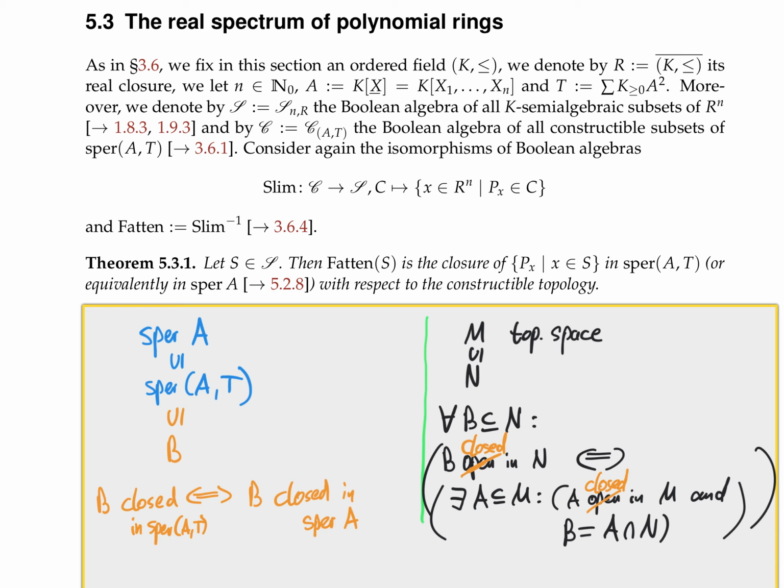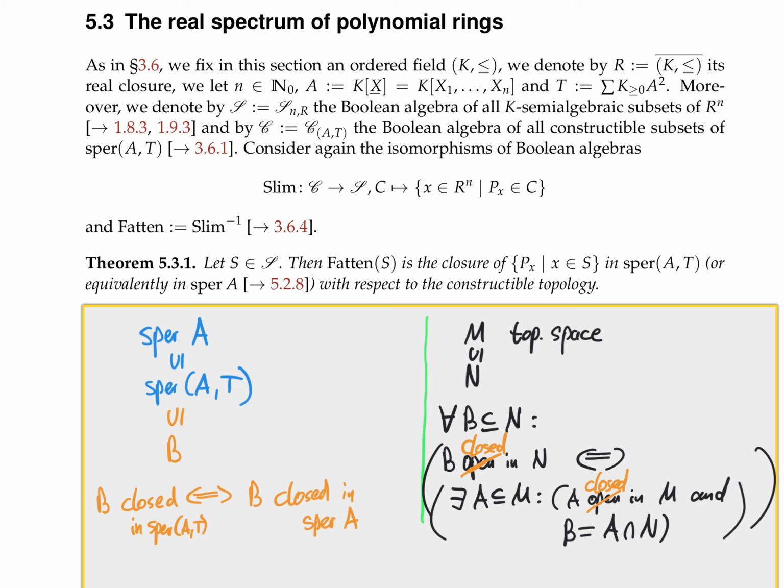It's easy to see, right? Because closure in the real spectrum of A can be at most this, because this is already closed.